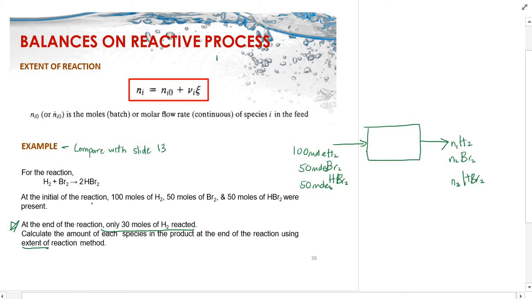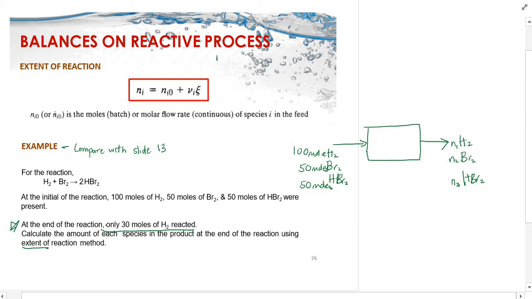At the initial stage of the reaction, 100 moles of hydrogen, 50 moles of bromine, and 50 moles of hydrogen bromide were present. At the end of the reaction, only 30 moles of hydrogen reacted. The question asks you to calculate the amount of each species in the product at the end of the reaction using the extent of reaction method.